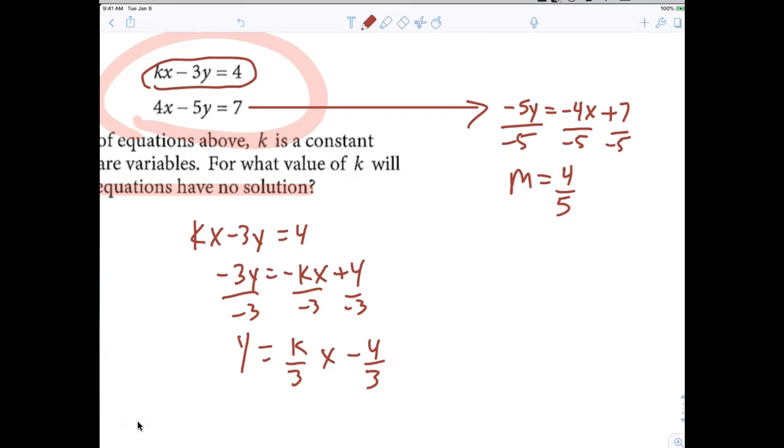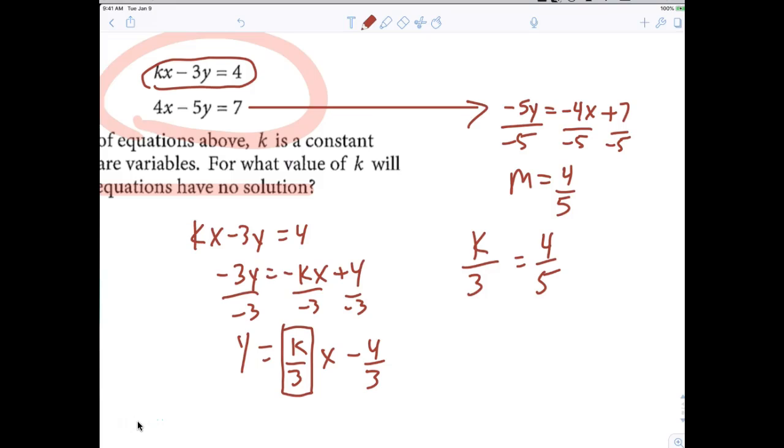So now, the slope here is what? What is the slope? K over 3. Everybody agree with that? The slope is k over 3. So now I have k over 3 is equal to 4/5. Everybody agree?